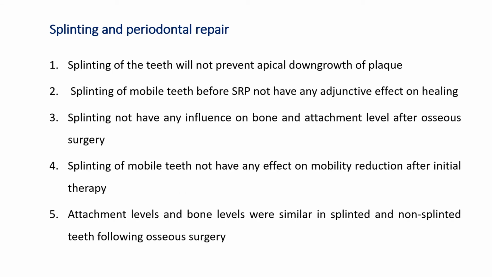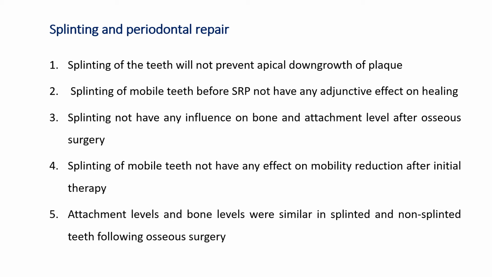It was generally believed that mobile teeth may inhibit periodontal repair. However, current studies have shown otherwise. First of all, splinting of teeth will not prevent apical downgrowth of dental plaque. Splinting of mobile teeth before scaling and root planing does not have any adjunctive effect on healing.